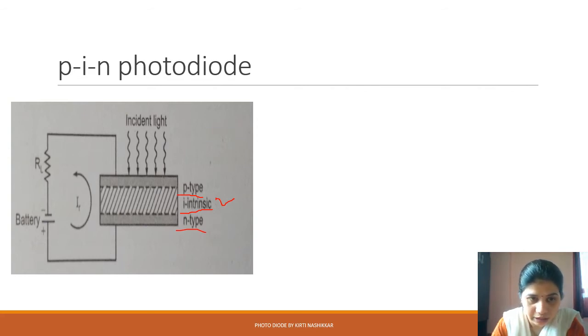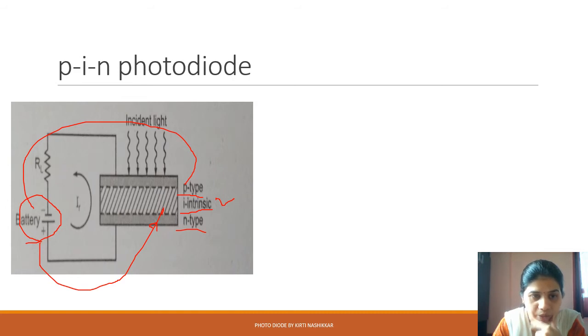Again it is reverse biased. As you can see, the negative terminal of the battery is connected to the P type and the positive terminal of the battery is connected to the N type, so that means it is reverse biased. The RL, which is the load resistance, is connected in series. Again this is the conventional current flow from positive towards negative.